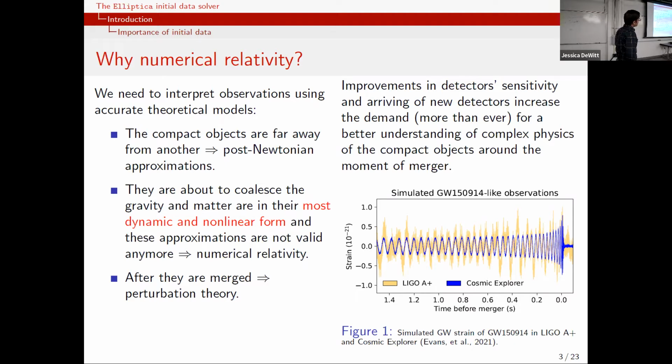And the blue signal is the one hypothetically received by Cosmic Explorer. As you can see, the noise is much lower in Cosmic Explorer, or in technical terms, the signal to noise ratio is much higher. So we do need accurate numerical relativity to interpret these observations.